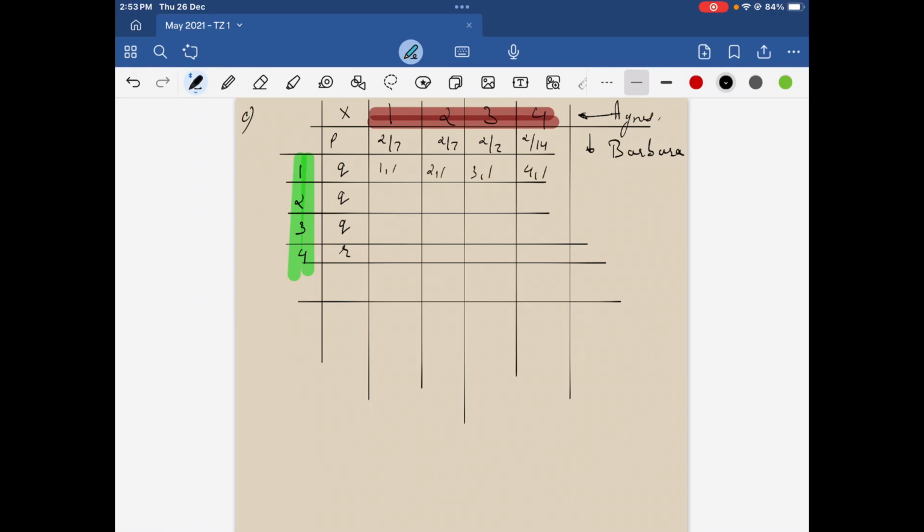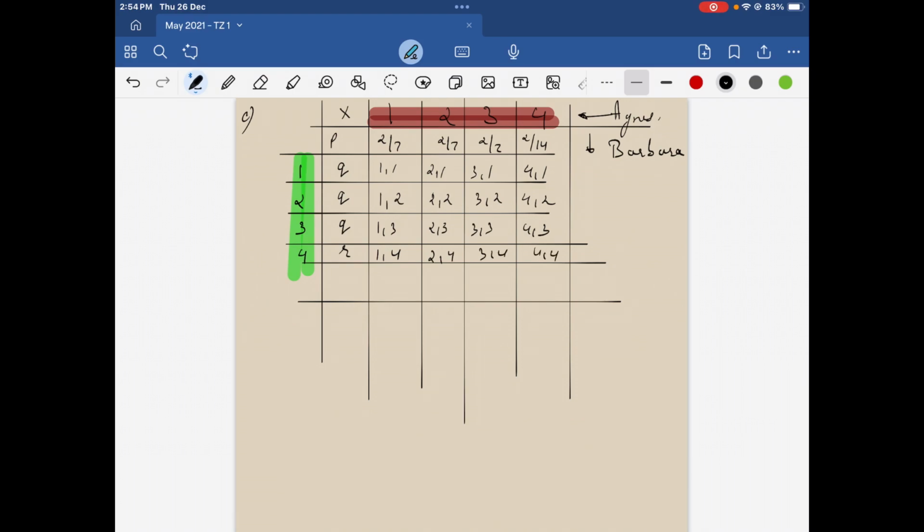Coming to the next row, Agnes is again 1, Barbara is 2, Agnes is 2, Barbara is 2. So similarly, you can complete a table like this. Quickly I will try to complete. Remember, first is always Agnes in this table as I have written. So you keep the same everywhere.